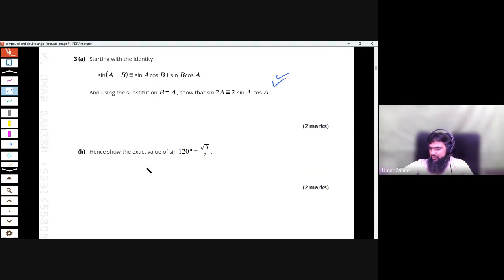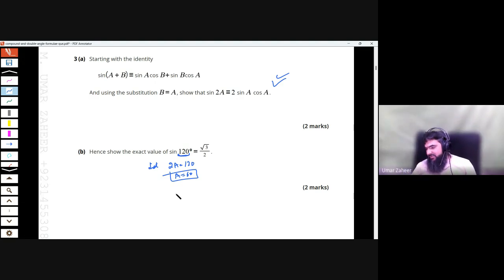So it says to show the exact value of sine 120 degrees. Okay, sine 120 degrees. We have to utilize the double angle identity. I'm going to take 2A is equal to 120, so A is equal to 60 degrees.